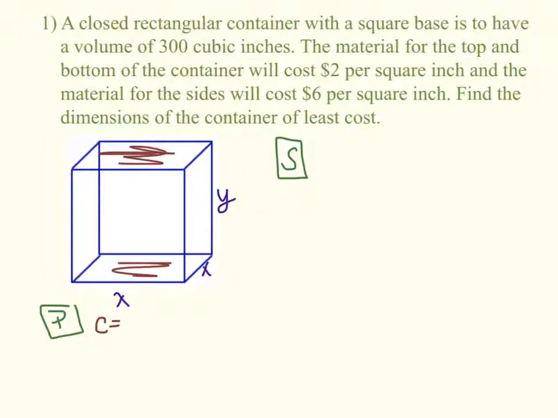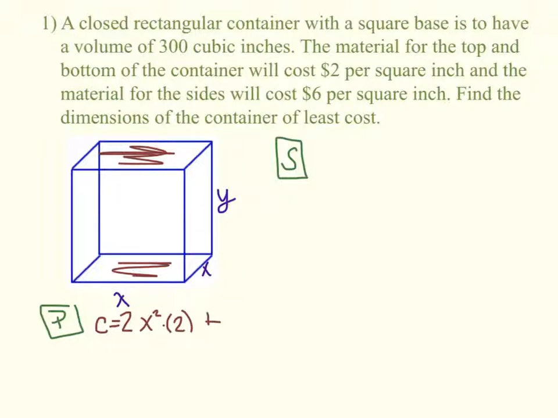Well, the area for the top and the bottom is x squared. But I have a top and a bottom that are both the same, so 2x squared, times the cost of $2. So that's going to be the cost for the top and the bottom.